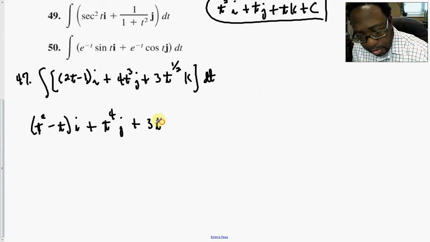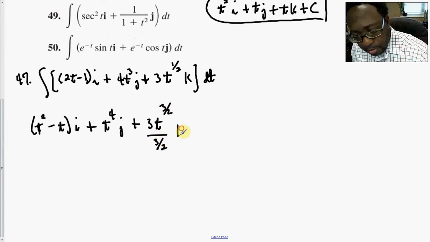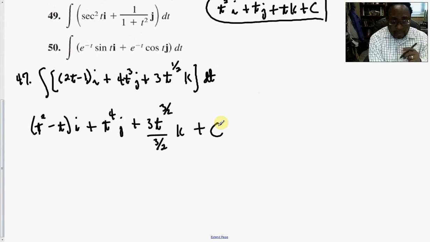plus 3 times t to the 1/2 plus 1 is 3/2, and that's divided by 3/2. Okay, then plus some constant, we can clean that up.